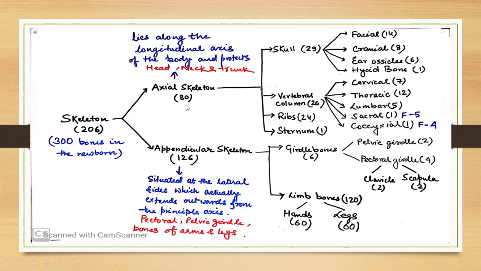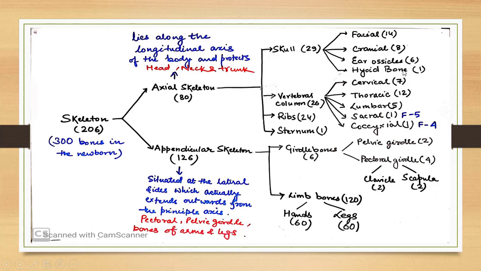Axial skeleton has 80 bones, out of which skull has 29, and within skull, facial bones are 14, 8 cranial bones, 6 ear ossicles, 3 in each ear, 1 hyoid bone.